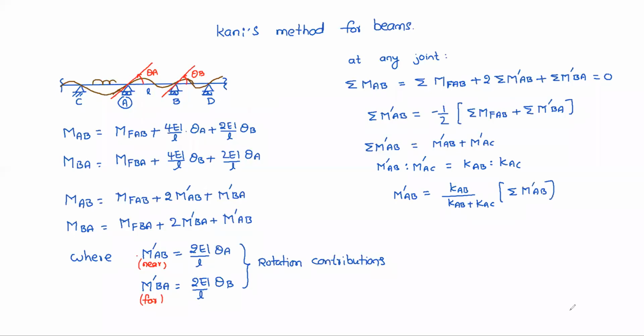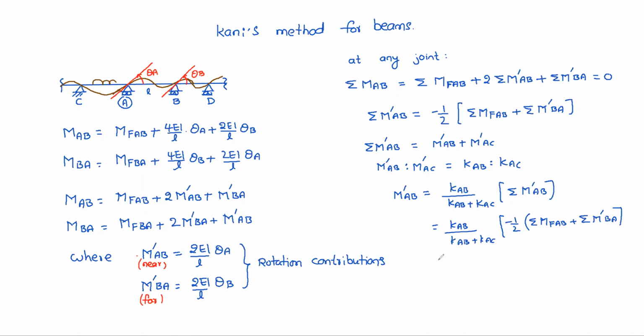So in the ratio of KAB to KAC, you can split the near end contributions M dash AB or M dash AC. Okay. Now you can substitute that KAB by KAB plus KAC. What is sigma M dash AB? That is minus half of sigma MFAB plus sigma M dash BA.